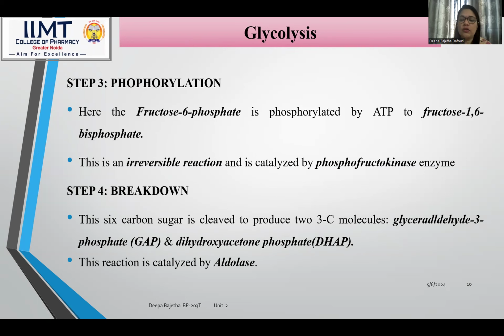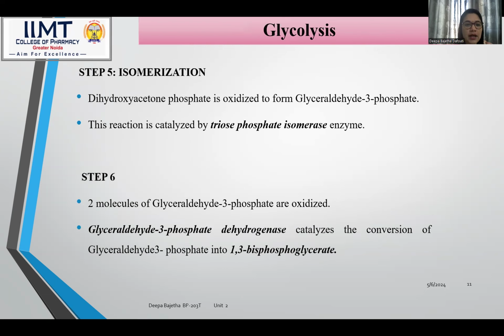The third step is also called a phosphorylation step, because in this step fructose 6-phosphate is converted into fructose 1,6-bisphosphate. The next step is breakdown. The 6-carbon sugar is cleaved to produce two 3-carbon molecules, glyceraldehyde 3-phosphate and dihydroxyacetone phosphate. This reaction is catalyzed by the enzyme aldolase.